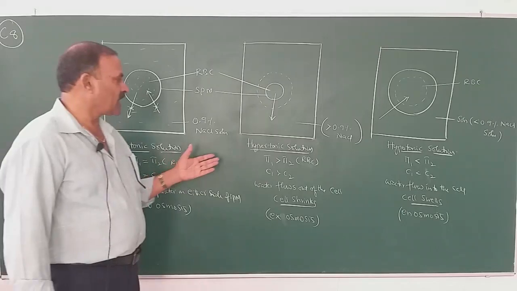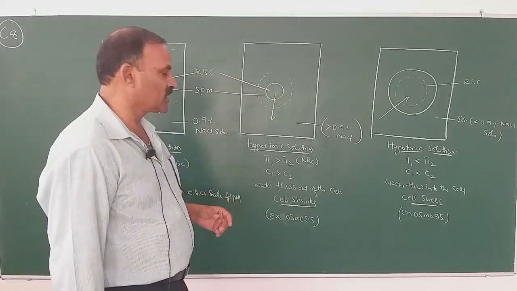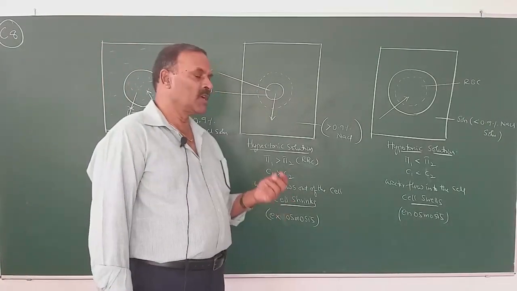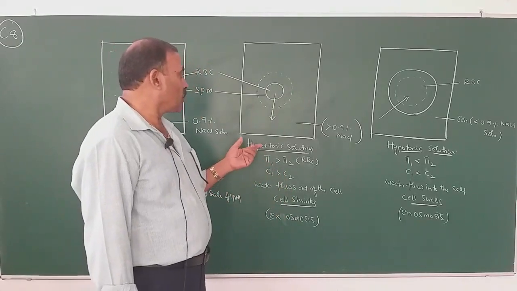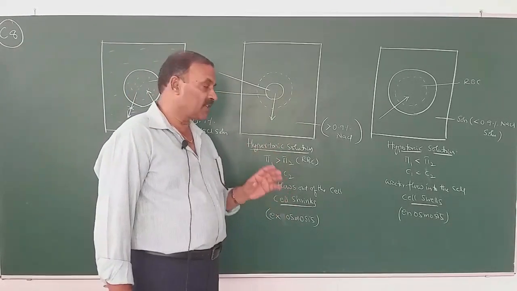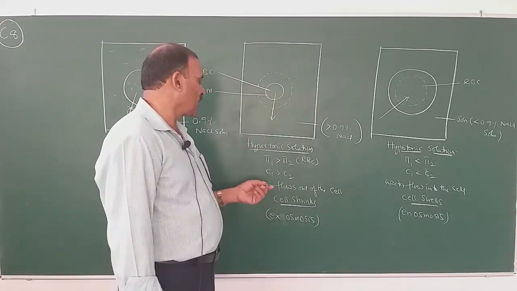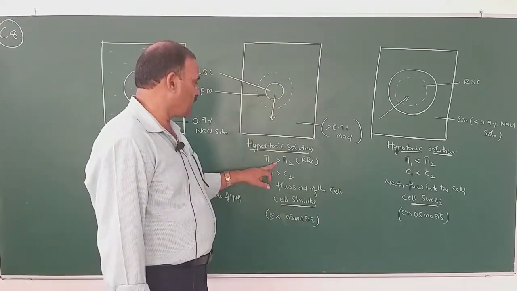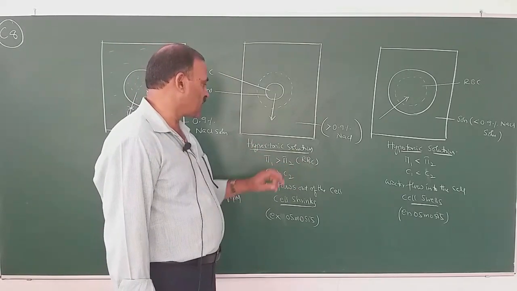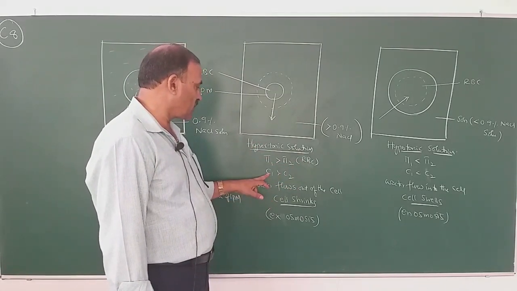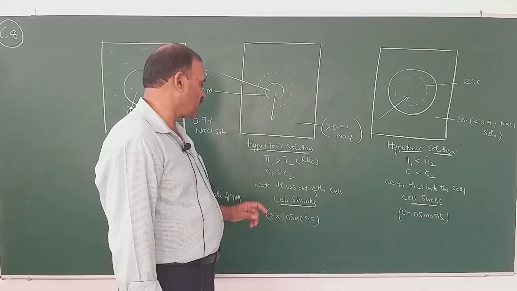Coming to the second type of solutions, that is hypertonic solution. What are hypertonic solutions? A solution whose osmotic pressure is greater than the given solution is called a hypertonic solution. So that means pi 1 is greater than pi 2 of the given solution. The concentration of the solution is greater than the concentration of the given solution.